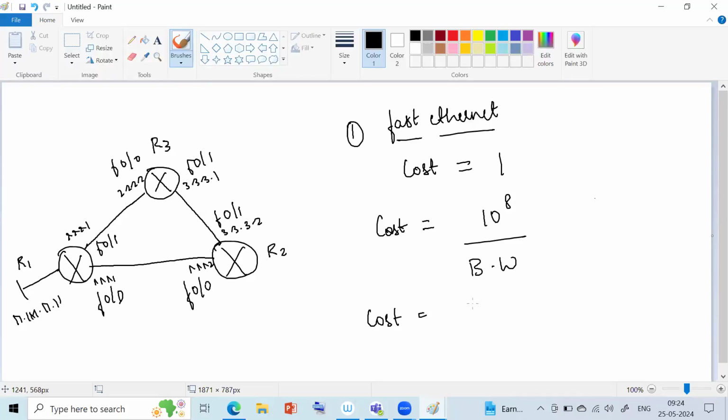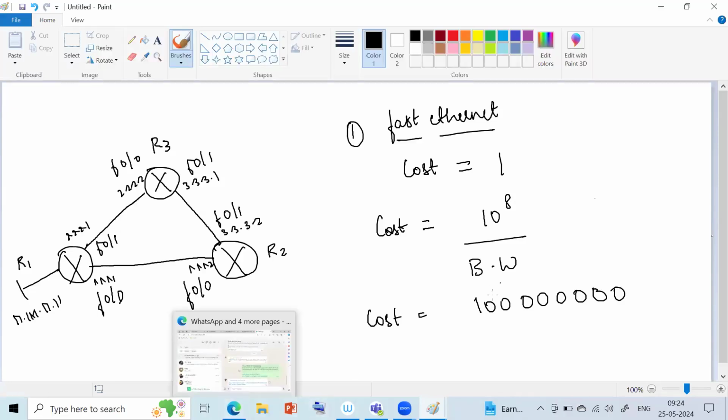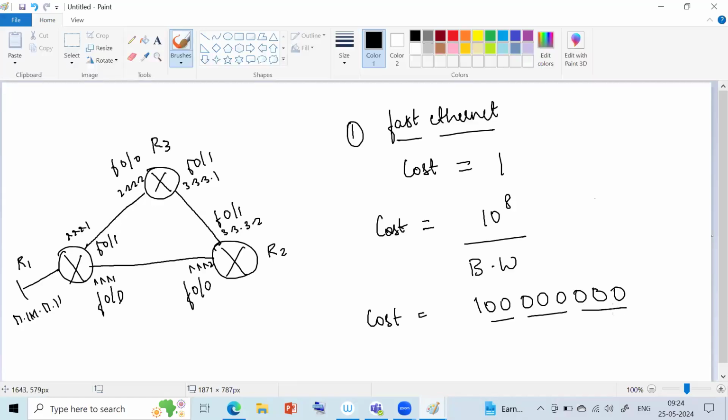Now what is the bandwidth? 100 Mbps, so 100 followed by this is kbps, this is Mbps, right? Divided into 10 power 8, which is 1 followed by 8 zeros.